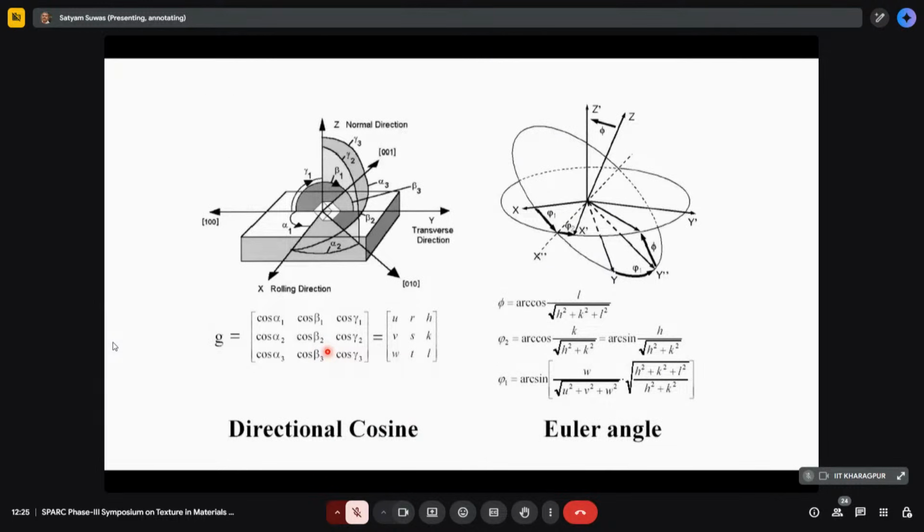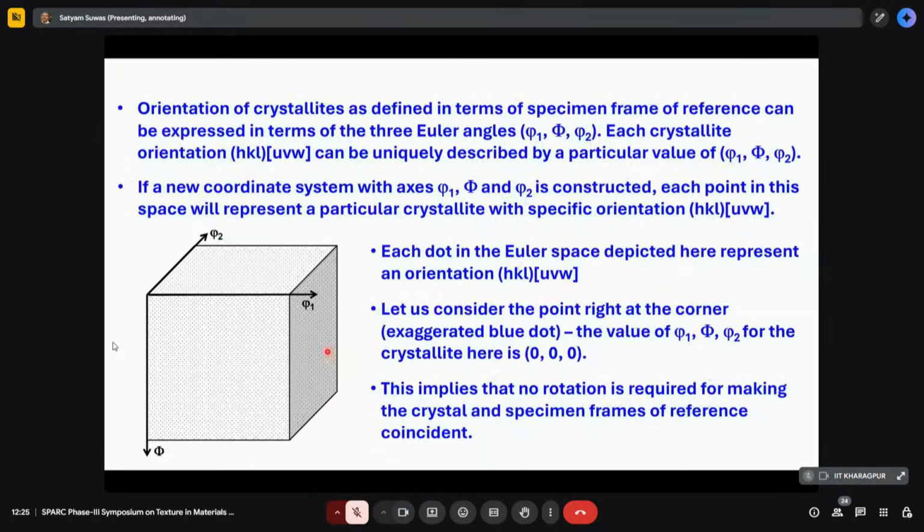And so that means each crystal's HKL can be mapped with the specimen frame of reference with the help of these three angles. So now each crystal, or each grain, has an address embedded in these three angles. So now let's forget about the crystal frame of reference and the specimen frame of reference. Now we have only these three angles which tell about the relationship between the crystal and specimen frame of reference.